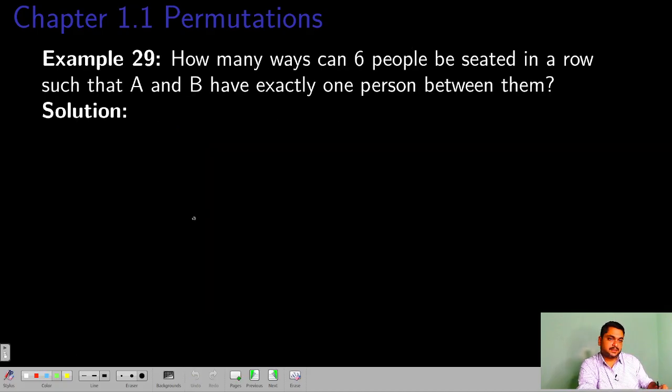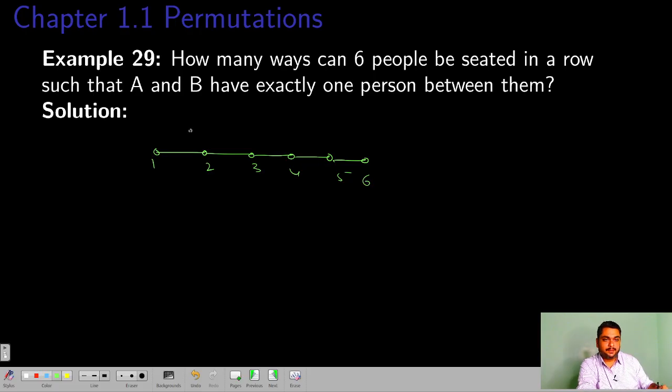Next, how many ways can 6 people be seated in a row such that A and B have exactly 1 person between them? Okay, in the circular permutation, a similar question we have solved. But it is not a circular permutation, they have given a linear permutation. So they are saying that there are 6 persons. 1, 2, 3, 4, 5, 6.